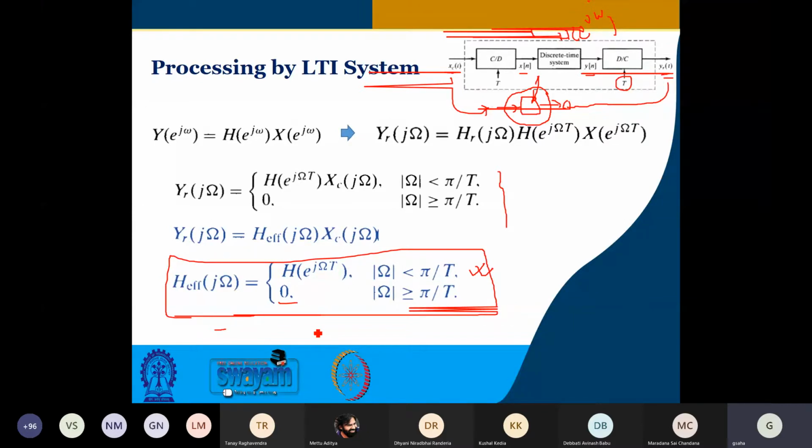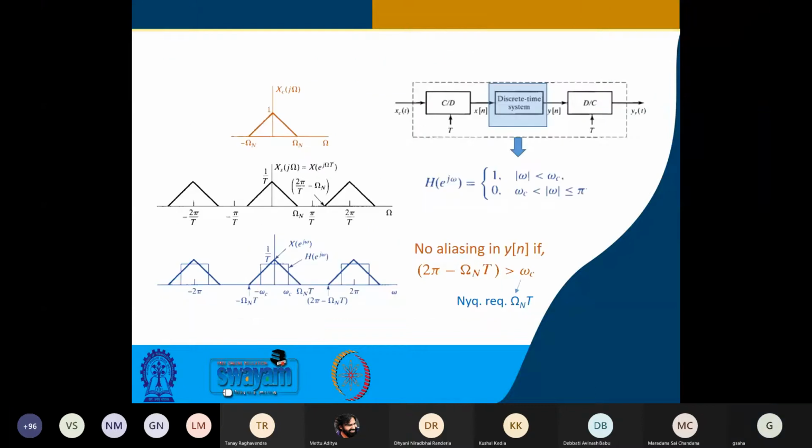Now we look at a few examples. The first example that we see is what you can find out. We have a continuous time signal. So this is the continuous time signal.